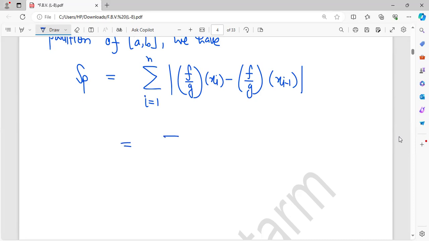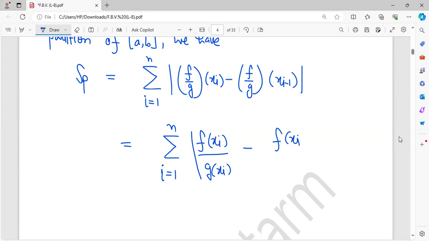Now what is this? f(x_i) upon g(x_i) minus f(x_{i-1}) upon g(x_{i-1}).